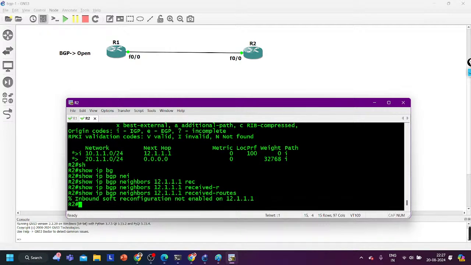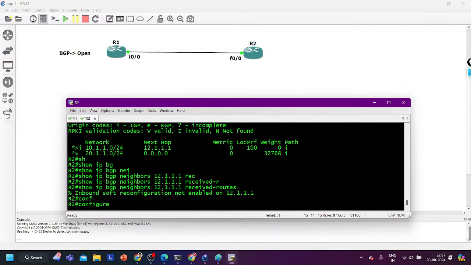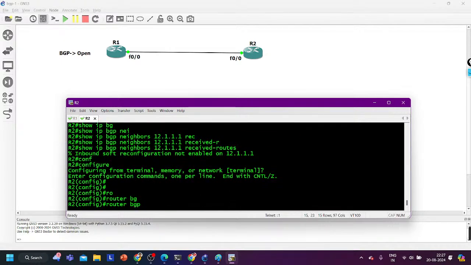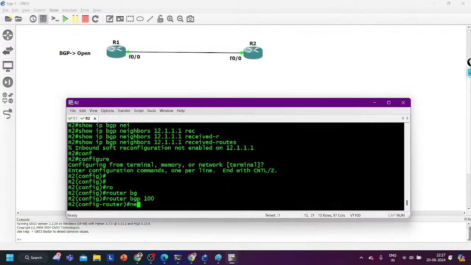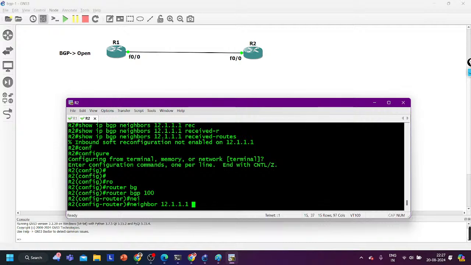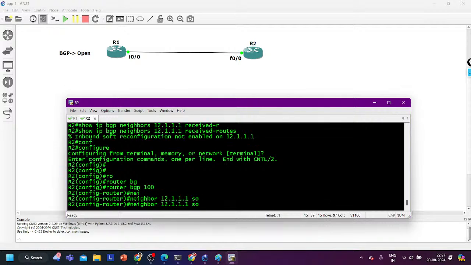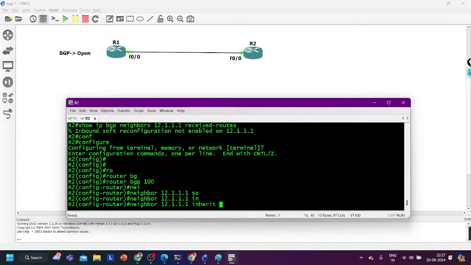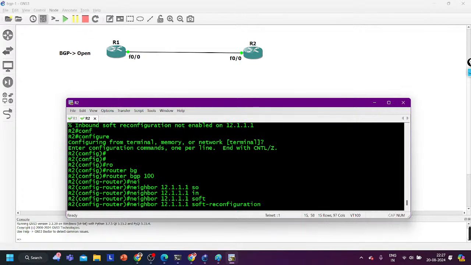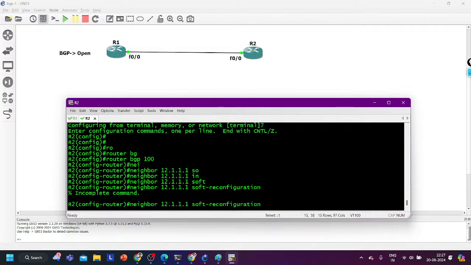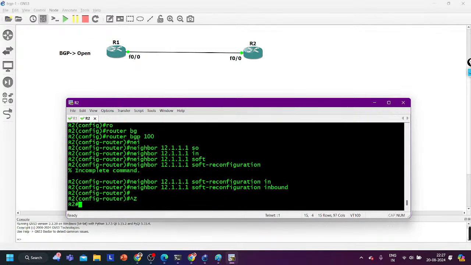Inbound soft reconfiguration not enabled on the router. Very good. Router BGP AS number 100 and neighbor 12.1.1.1. And here I can say soft-reconfiguration inbound. Yes, now I can run the command.